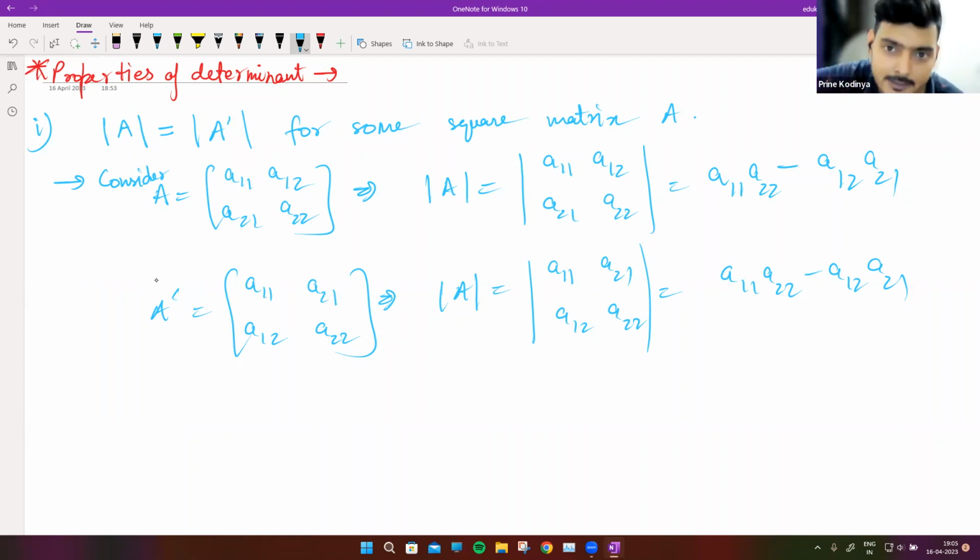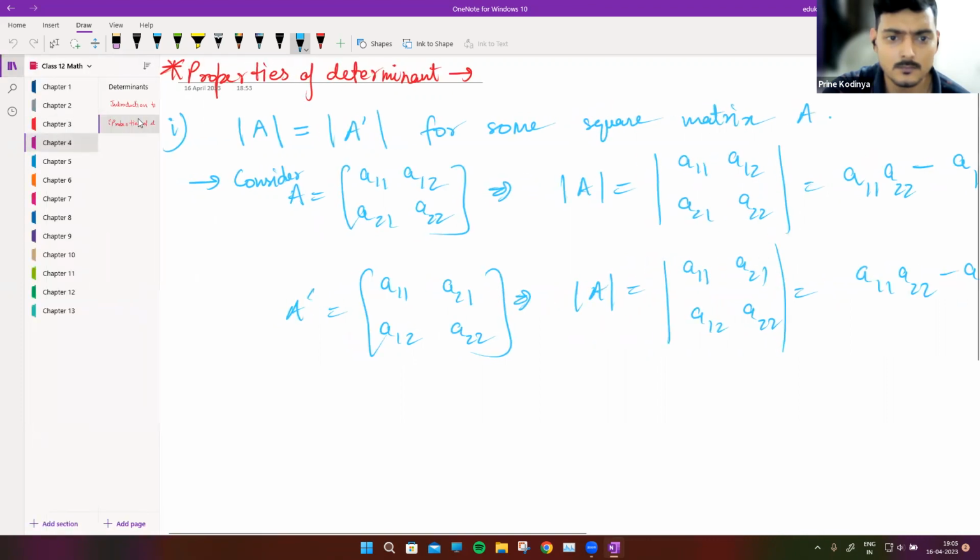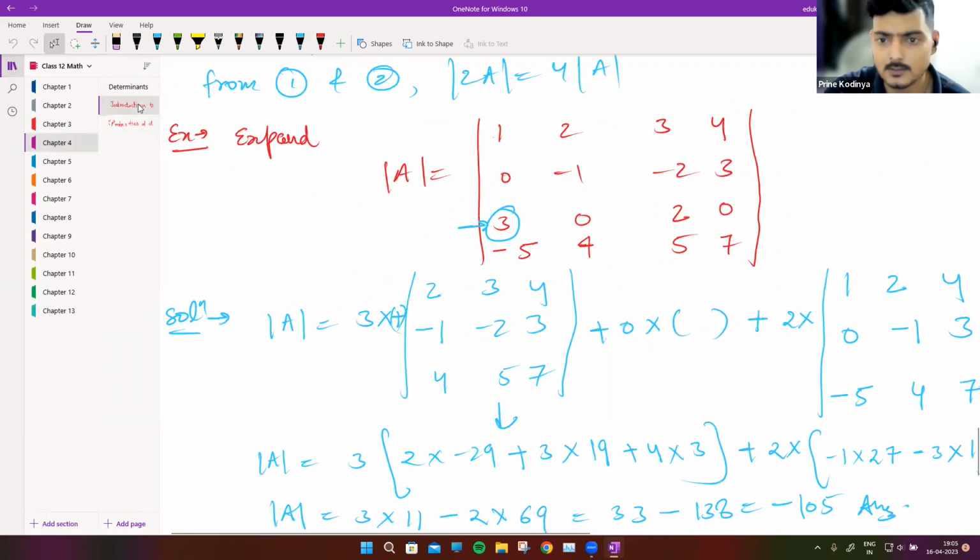But if you expand this determinant along any row or any column, the answer would be the same, because the rows and columns are interchanged. Let me take some example of 3 cross 3 also. We have shown it for 2 cross 2, but you will get it soon.